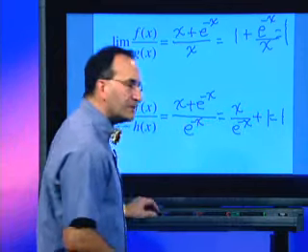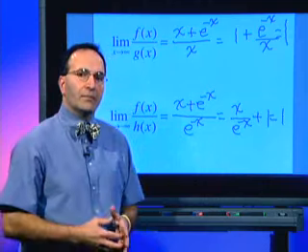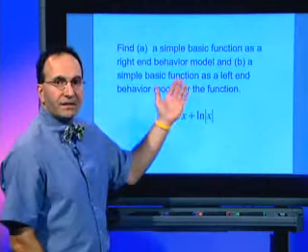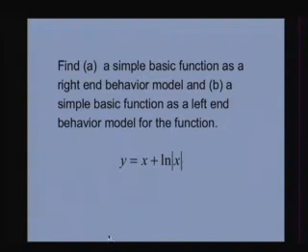Well, now it's time for you to try a problem. The problem I'd like you to work on is to find a simple, basic function as a right-end behavior model, and then find a simple, basic function as a left-end behavior model for the function y equals x plus the natural log of the absolute value of x.